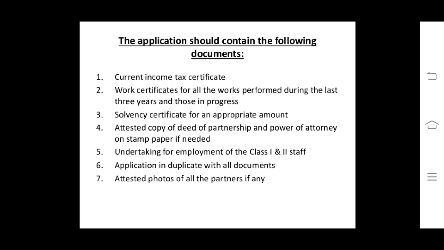These documents are required for registration with any government authority or government department.